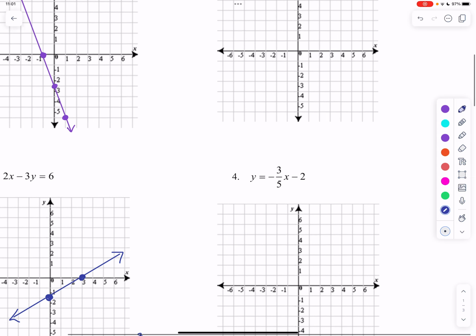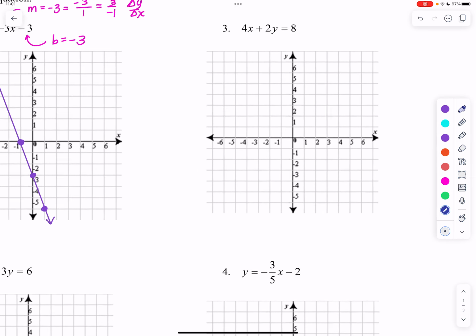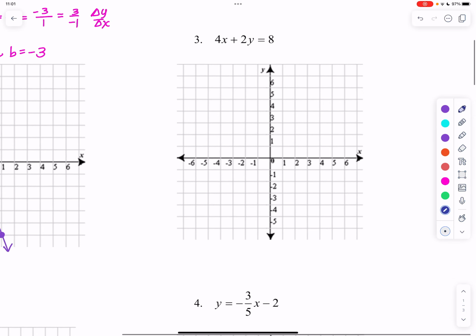Looking at number 3, again, we are in standard form. We can move off to the right a little bit, and we can go ahead and subtract 4x. And we have 2y equals -4x plus 8.